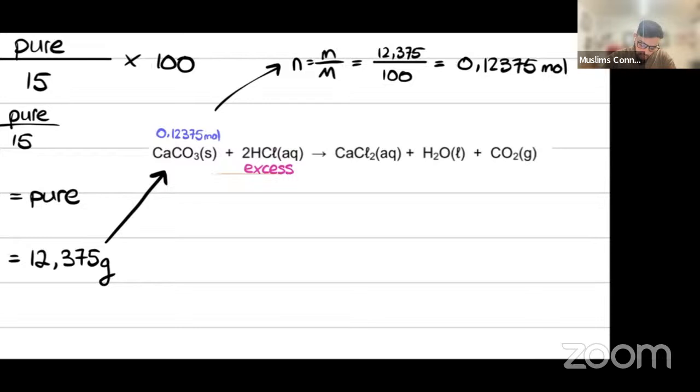So we can show using the molar ratio by saying CaCO3 to HCl is a 1:2 molar ratio. What is the molar ratio? It is the coefficient of the chemical substance.